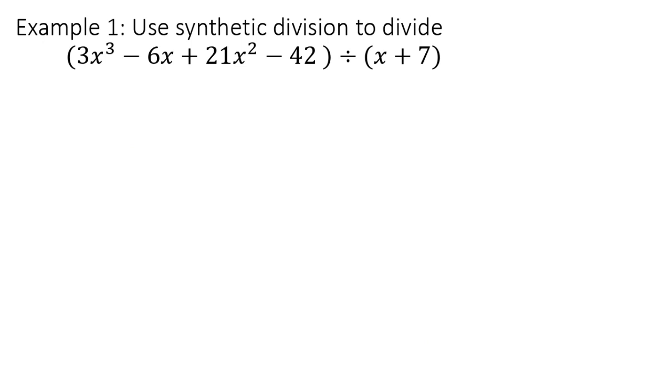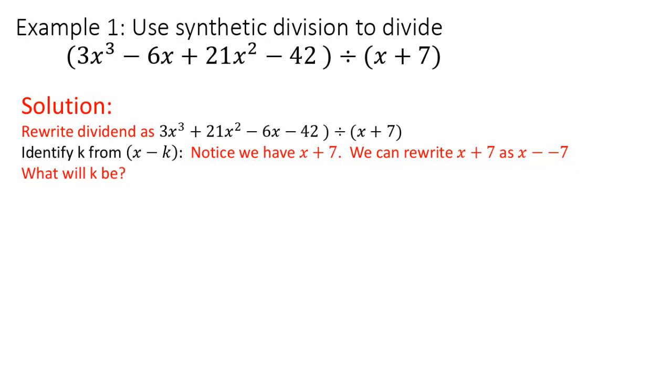So we're going to do a few of these, and then we'll find the zeros, which is the main point of why we even want to use synthetic division. Okay, so the first step here is to figure out what c is. Notice that in this example, we have x plus 7, but it would be best if this was written, we know that the k is going to be coming from something that looks like x minus c.